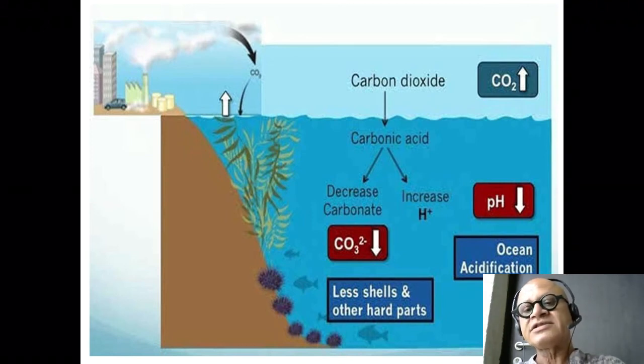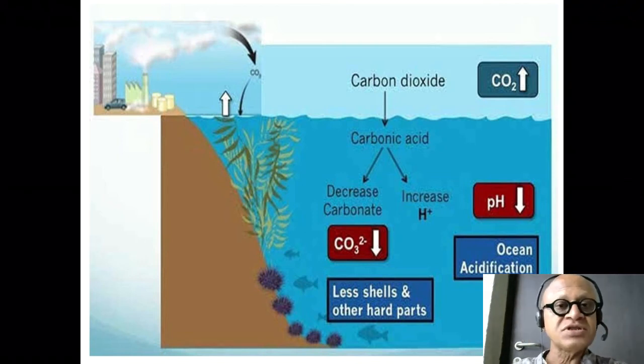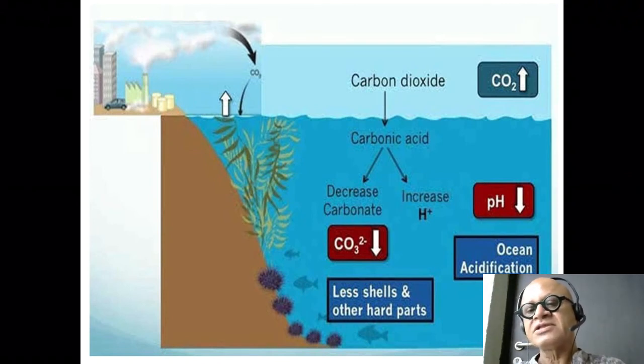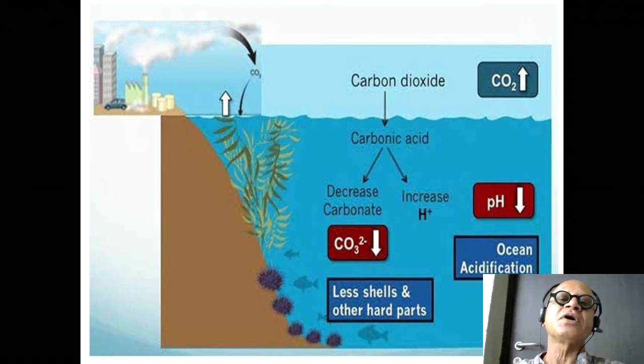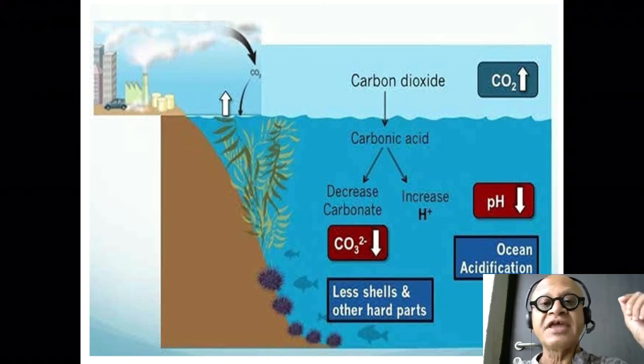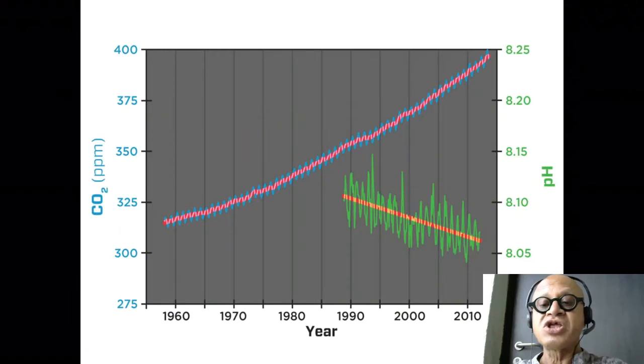So carbonic acid decreases carbonate, increases H+. That decreases the pH, moves it towards acidic waters, and that's ocean acidification. And loss of carbonate ions leads to fewer shells and other hard parts, because the water is not saturated, so they have difficulty growing and they begin to dissolve.